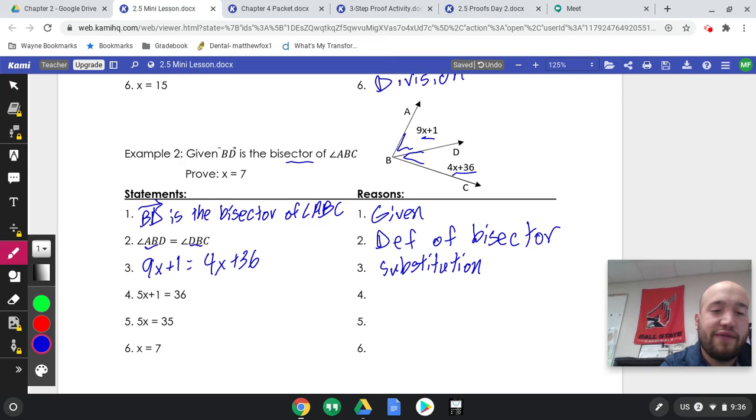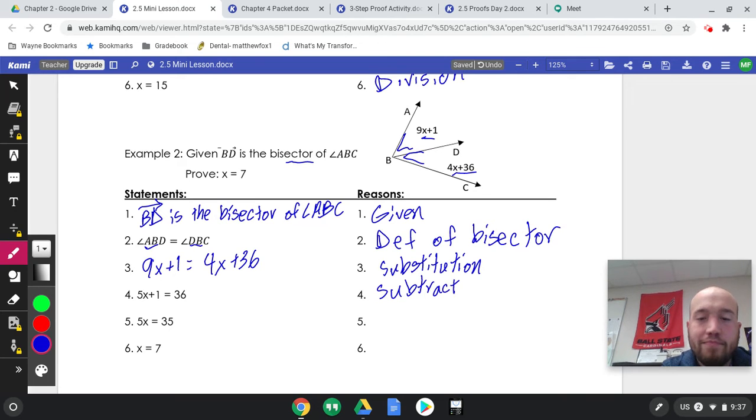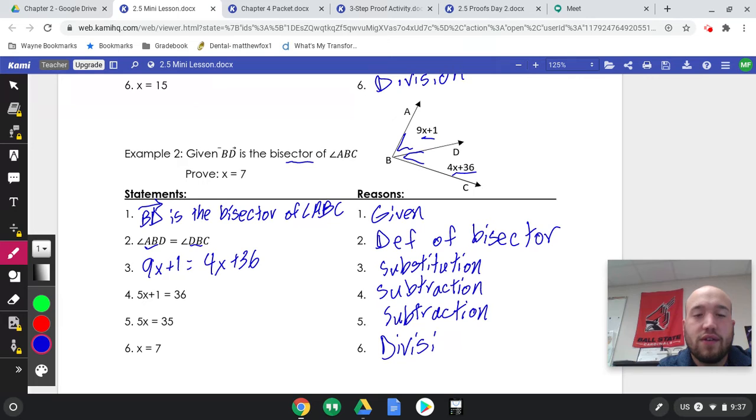Now we subtract that 4x over. So subtraction, it will also happen again, and we will subtract it over the 1 this time. And our final step, we're going to divide, so division to get x equals 7.